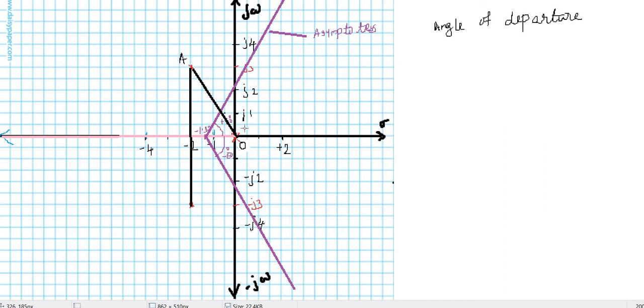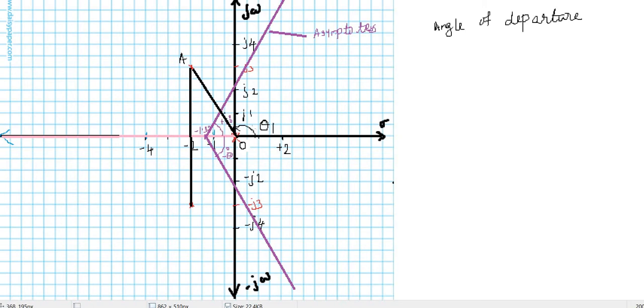Now mark the angles of the vectors. The first angle is theta 1. Theta 1 is this angle: the straight line, the vector from s equal to 0 to the complex pole A, makes this angle with the horizontal axis.